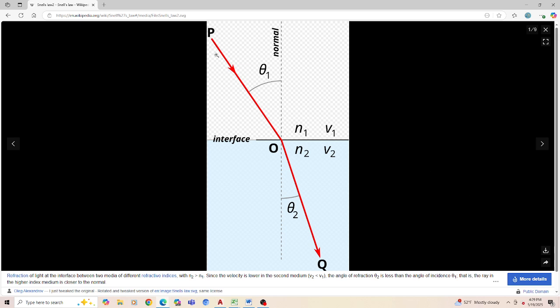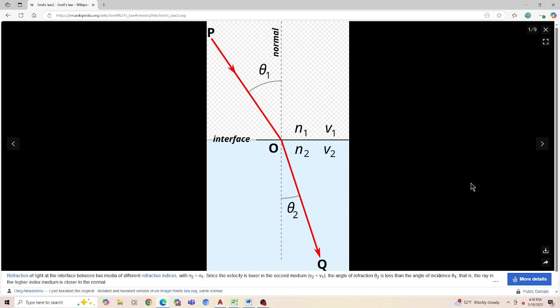You do have an angle of incidence of the ray. This is the light coming to a boundary between two media. You have an angle of refraction. This is how it exits. Now with Snell's law, you have an interface and you have an orientation.